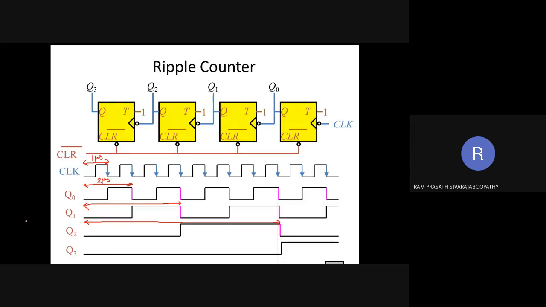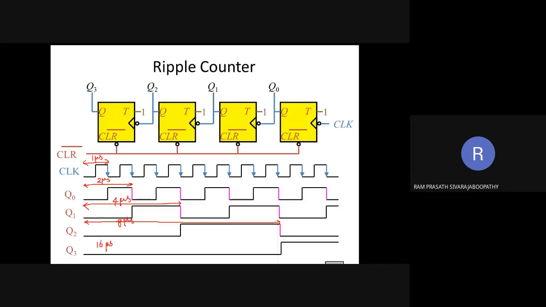Okay, fine. My question, what about the timing period for Q1? Q1 has a timing period of 4 microsecond. What about for Q2? It becomes 8 microsecond. For Q3 it becomes 16 microsecond.